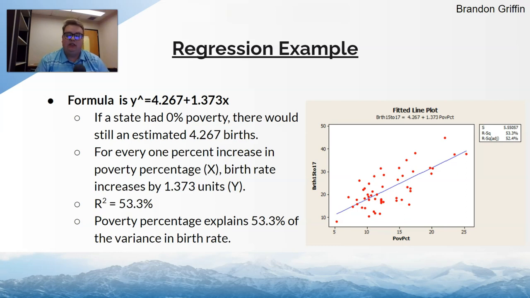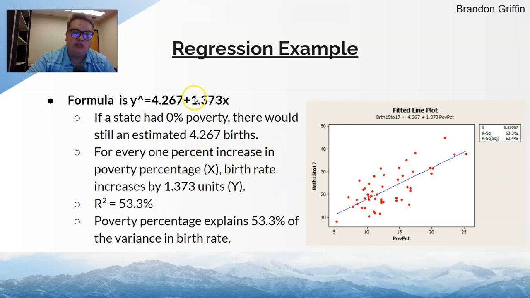So it's kind of like if there's no influence of our independent variable, how many births would there be? So if a state had 0% poverty, meaning that no one was impoverished, there would still be an estimated 4.267 births of 15 to 17-year-olds. And this is probably scaled like per 100,000 youth or per 1,000 youth, something like that.